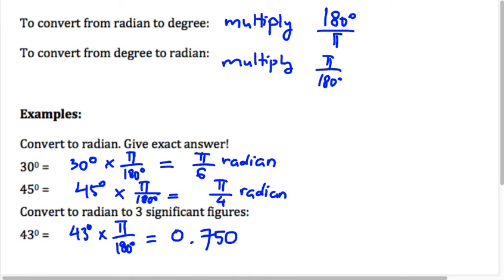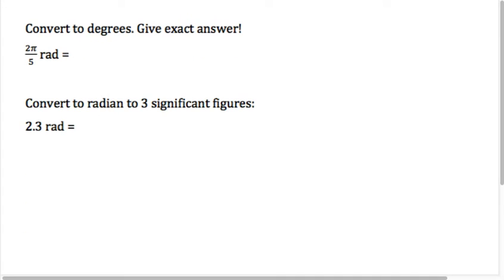Right, that's simple enough. The other way around, if we convert to degrees and we are asked to give exact answers, what do we do? Again, as we have seen before, to convert to degrees, we just have to multiply by 180 degrees over pi. So if you simplify that, pi and pi cancel out.